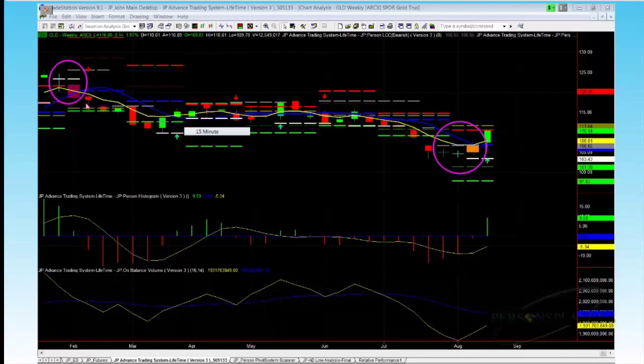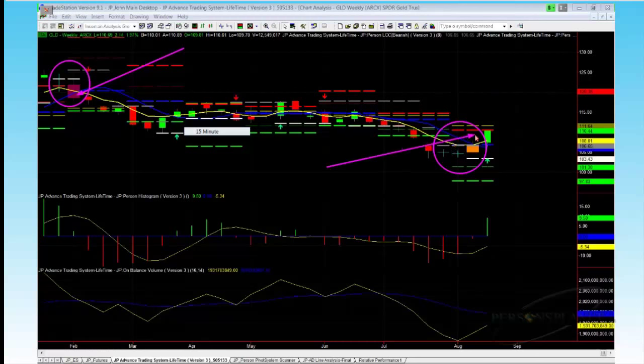Orange is good. Maroon, if you're long, orange above doji, good. If you're short, maroon below doji, good. Okay, so let me repeat that. If you're short the market and you get one of these setups, that's good.